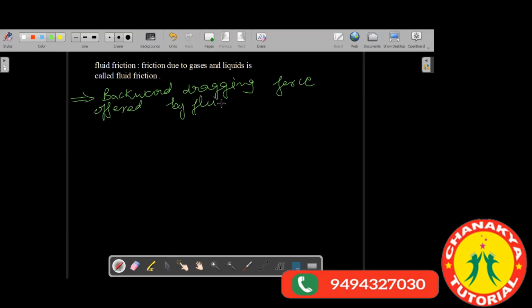when there is a relative motion between the fluid and the substance.